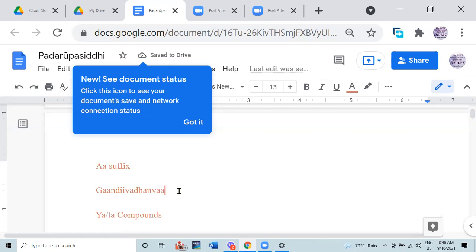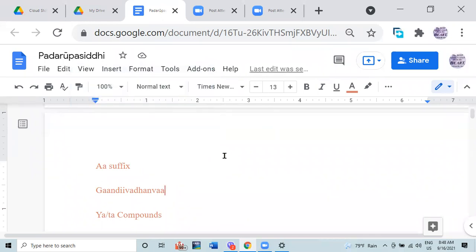Gandiwa Danoa means the person who has the bow. The bow is strong. Simply we can say the person who has a strong bow, because the bow has joints, maybe joints.